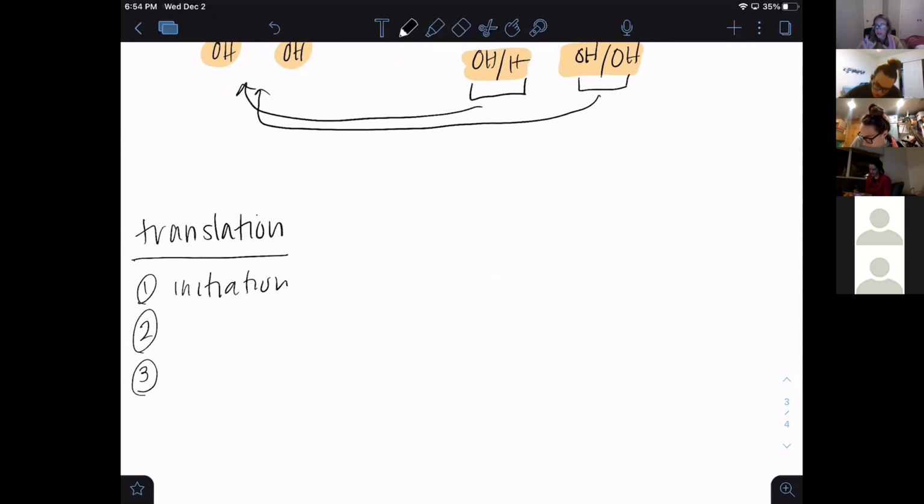Because we can't start reading or writing, because translate is basically to write. Transcript, we read it; translate, we write it. So you need to think about what we are doing here. We need to initiate contact. That's always going to be the first step. Then what do we do?